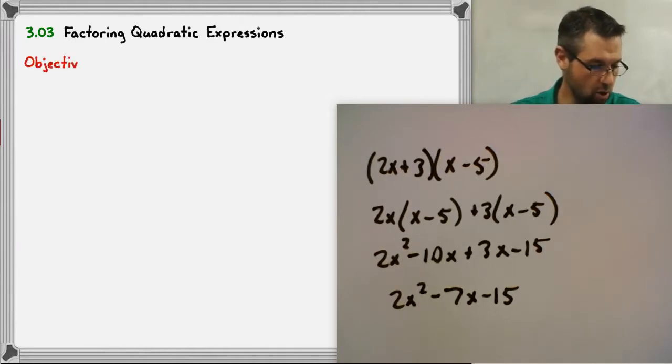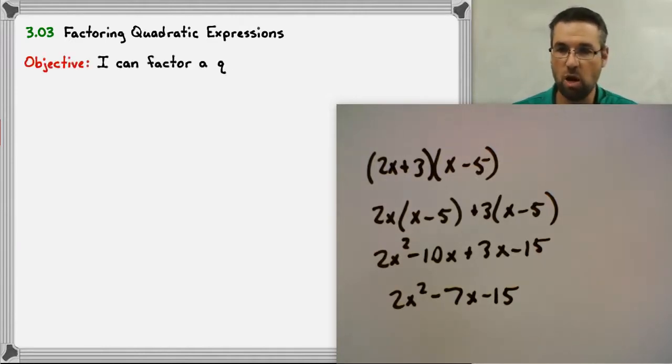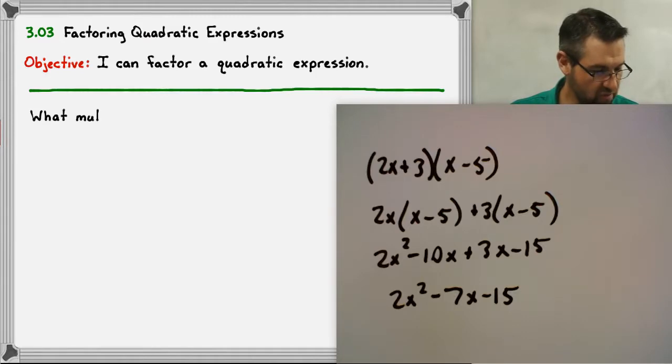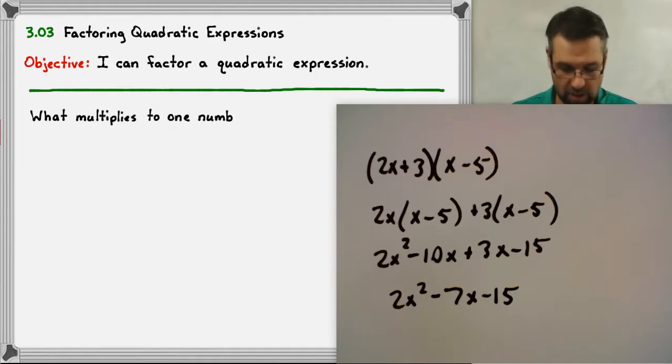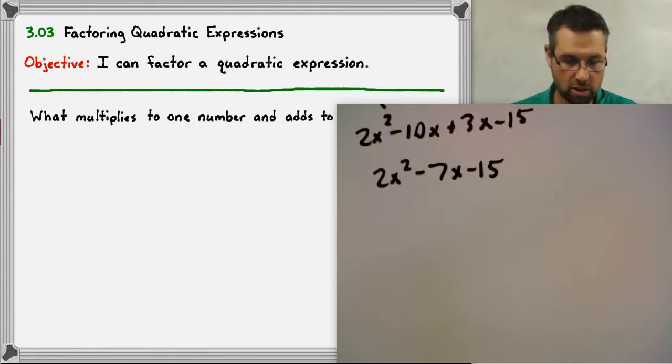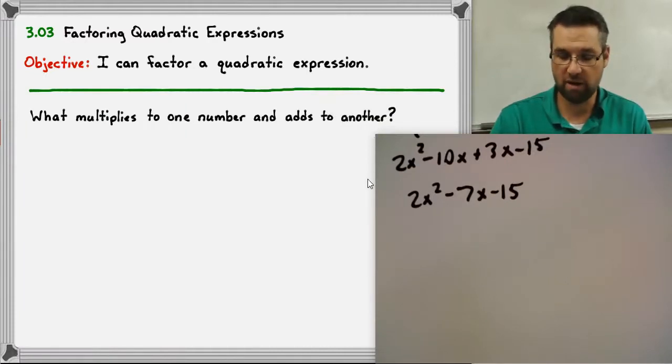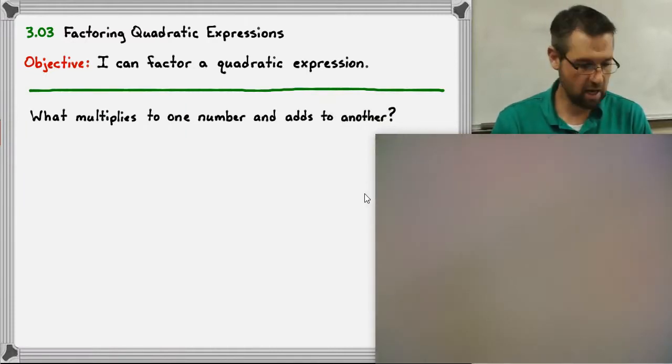So again, our goal is to be able to factor a quadratic expression, specifically a trinomial with three terms, a 2-degree polynomial, essentially, with 3 terms, okay? So before we do that, remember we did this activity a few days ago where we took two numbers and we wanted to figure out what two numbers would multiply to one of them and add to the other one.